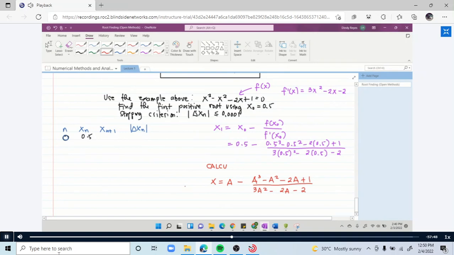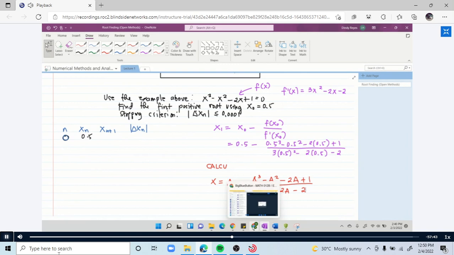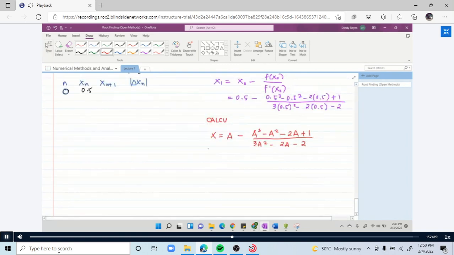Yan. Type nyo muna sa calculator yan. Tapos, pagtapos na, shift, solve. Okay? Tapos, maglalabas yan ng value.